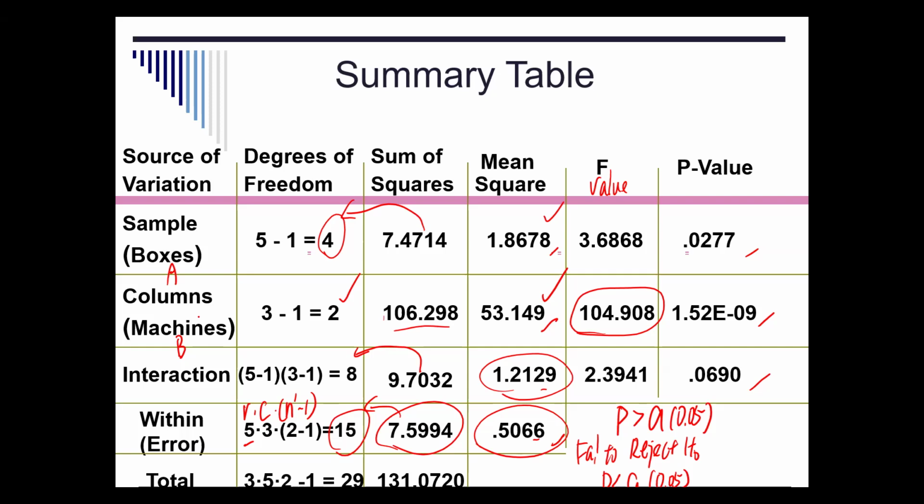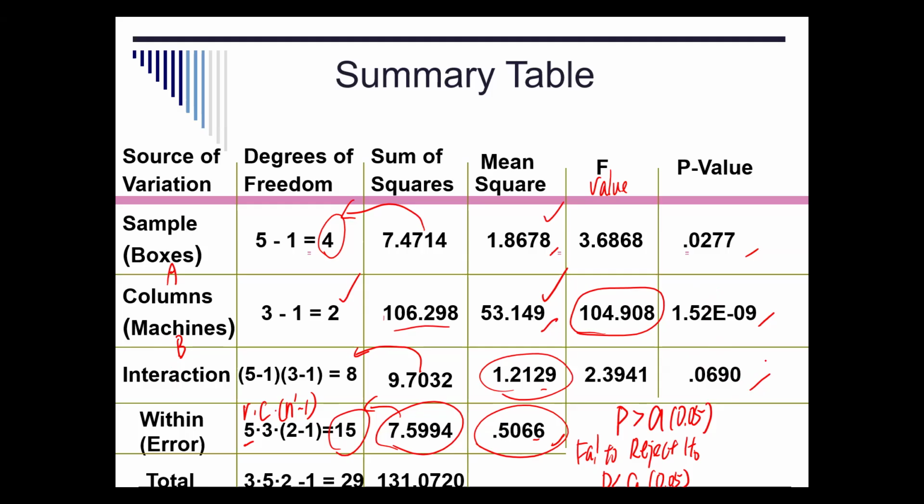And then for factor B, same thing, right? For factor B, reject H0, this is highly significant, meaning the average filing speed for those 3 different machines are different. And then fail to reject this, right? Meaning there's no interaction effect.